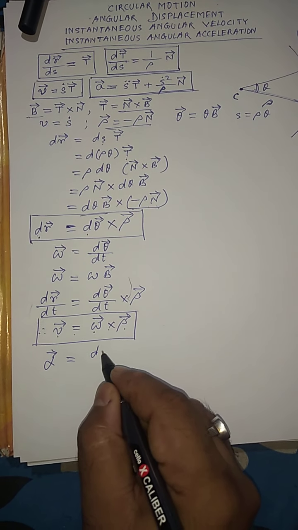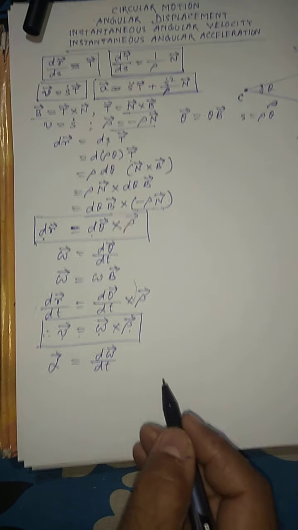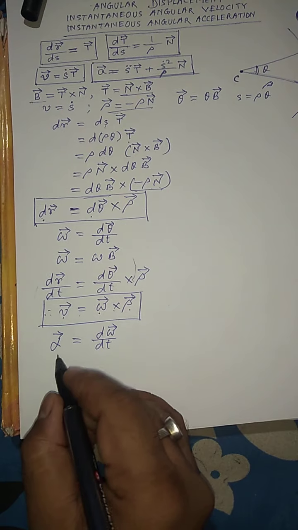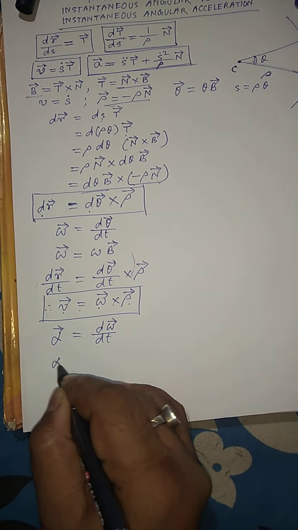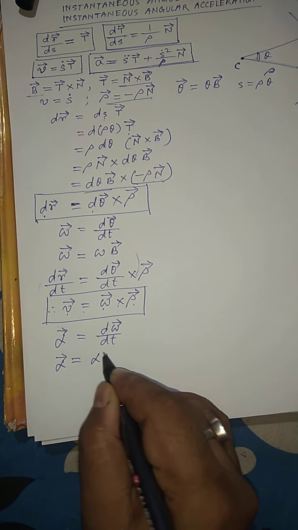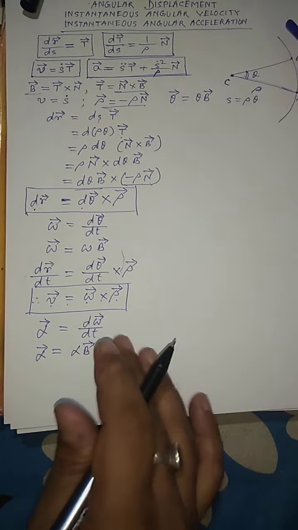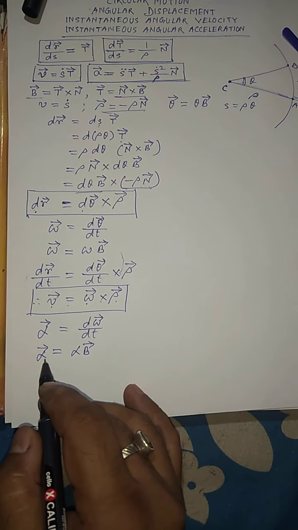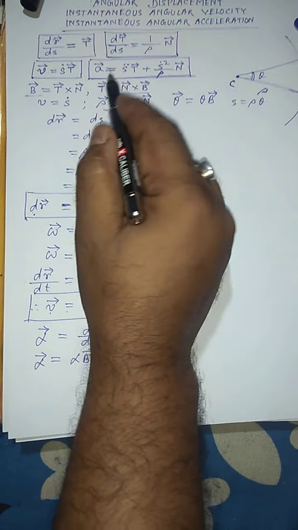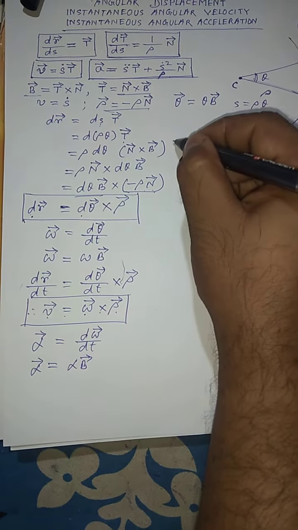Thus we write d vector omega dt, and it's also an axial vector, so we write vector alpha is equal to alpha unit binormal. Now let's find the relationship between the instantaneous linear acceleration and the instantaneous angular acceleration.